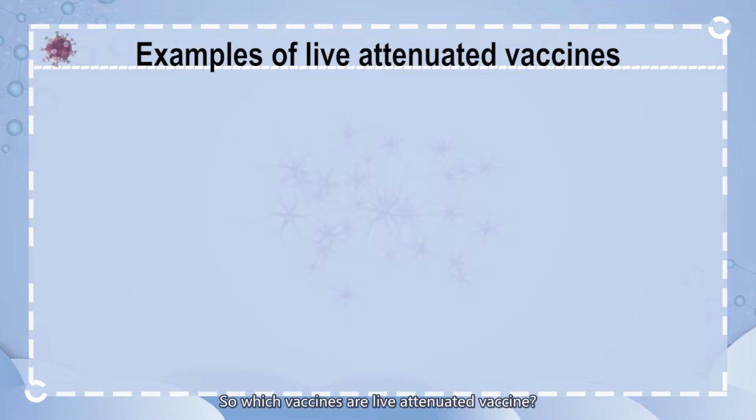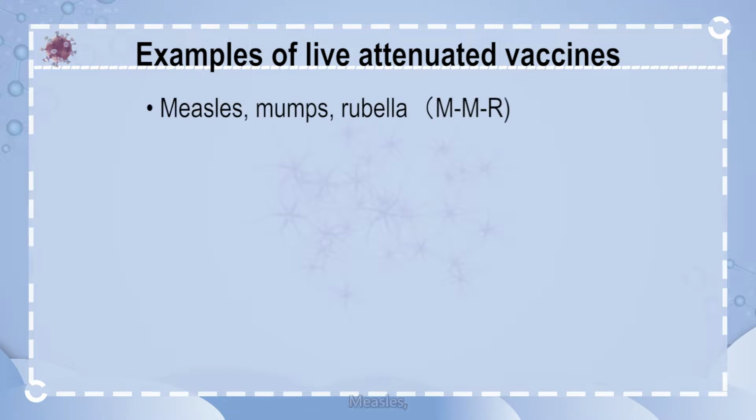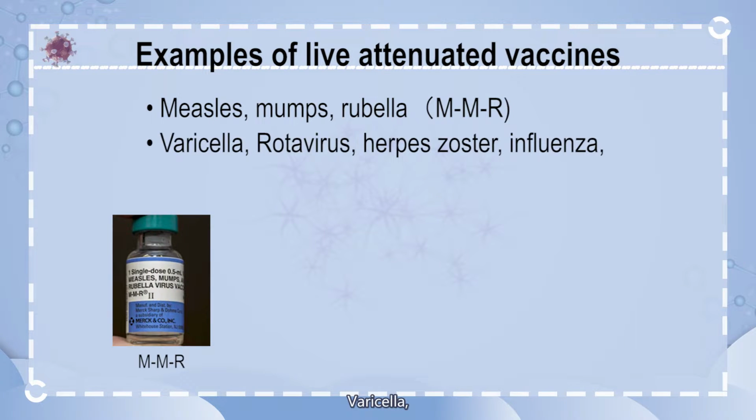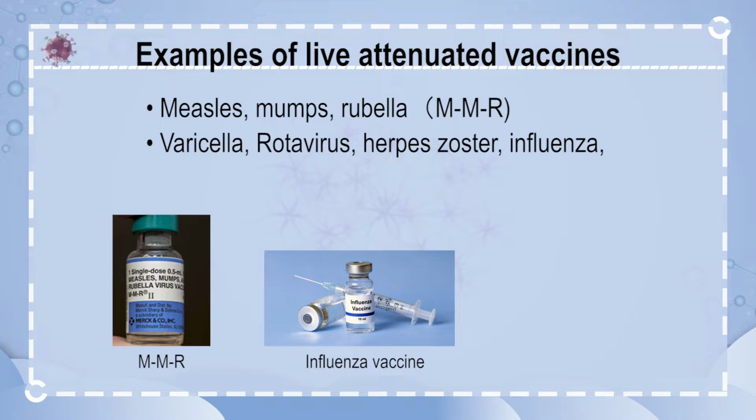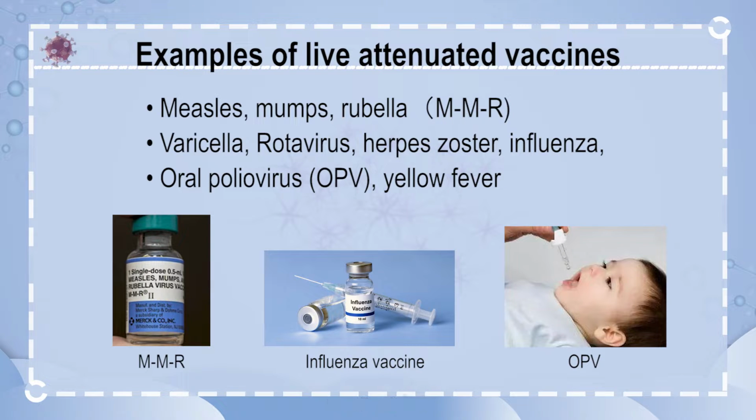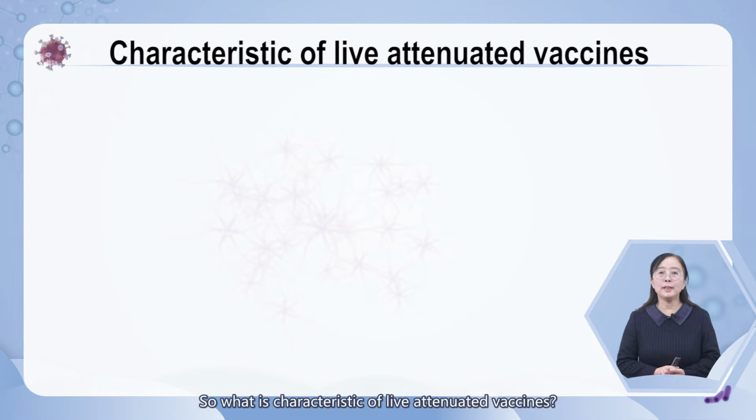So, which vaccines are live attenuated vaccines? For example, measles, mumps, rubella, varicella, rotavirus, herpes zoster, influenza, oral poliovirus (OPV), yellow fever, etc. So, what are the characteristics of live attenuated vaccines?